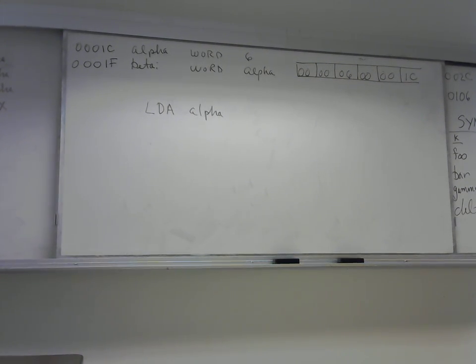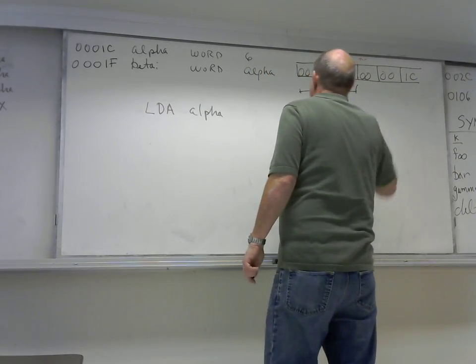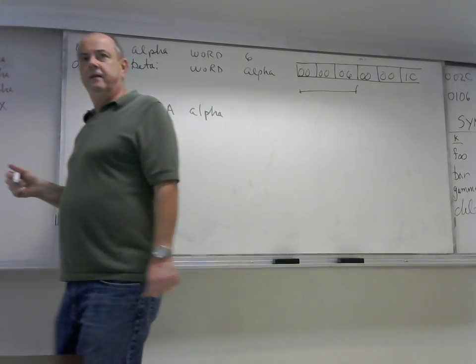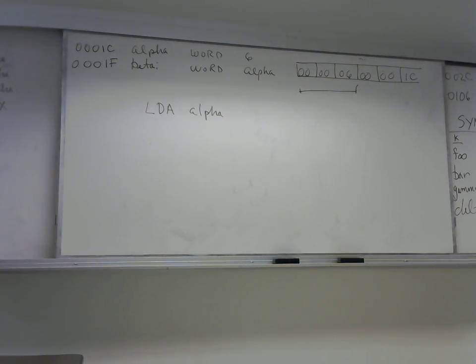This says go to alpha, and starting at alpha, take one word and put it in register A. This is the standard memory reference. Now, if you look in the appendix of the book, it tells you how these work. Go to alpha, starting at alpha, take one word, and put it in register A. It's the 6. Yes, you with me? Okay.